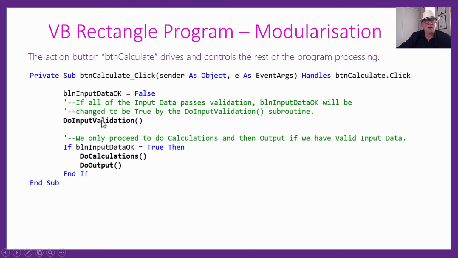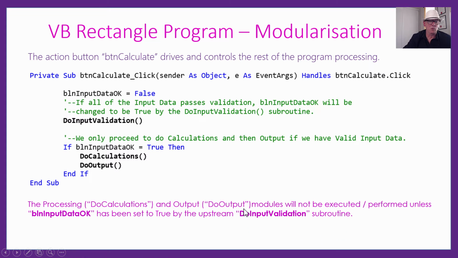It's not till everything passes validation and you get to that last else in the validation code that sets the Boolean input data OK to true, that this is going to see that, and then it's going to go, oh, right, everything's good to go, and it'll do the calculations and put out the output.